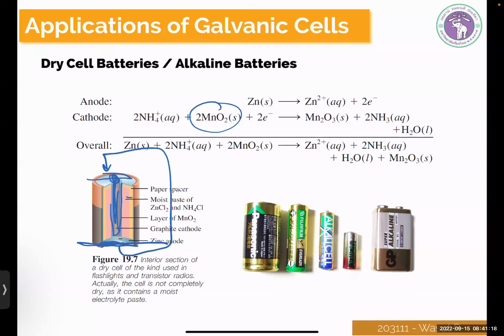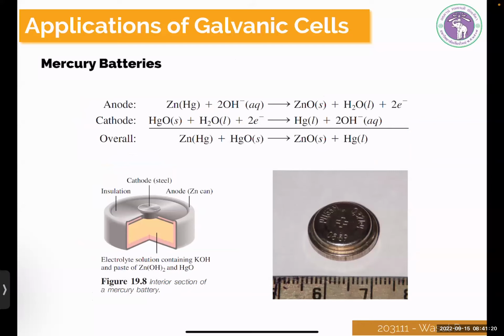So there are also other types of batteries as well, right? Not only the alkaline batteries. You may also have this type of battery as well, right? Where do you mostly find this type of battery?